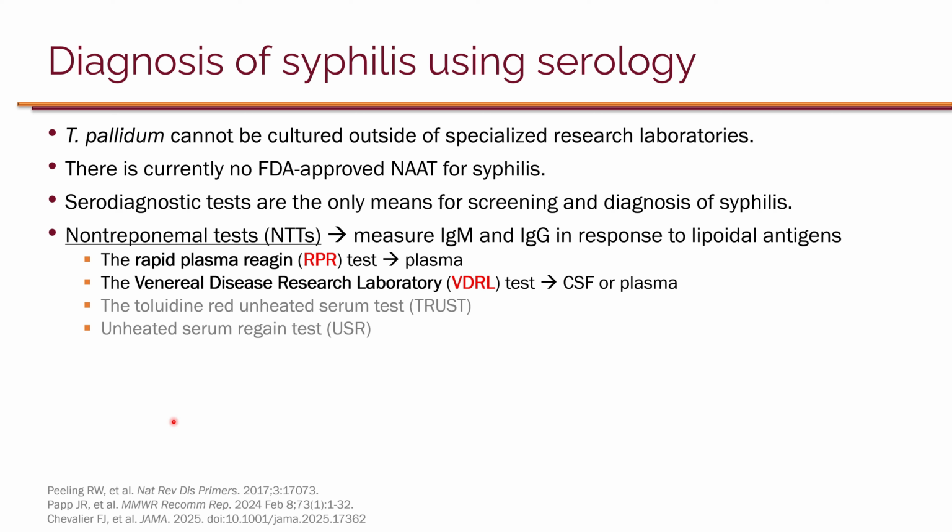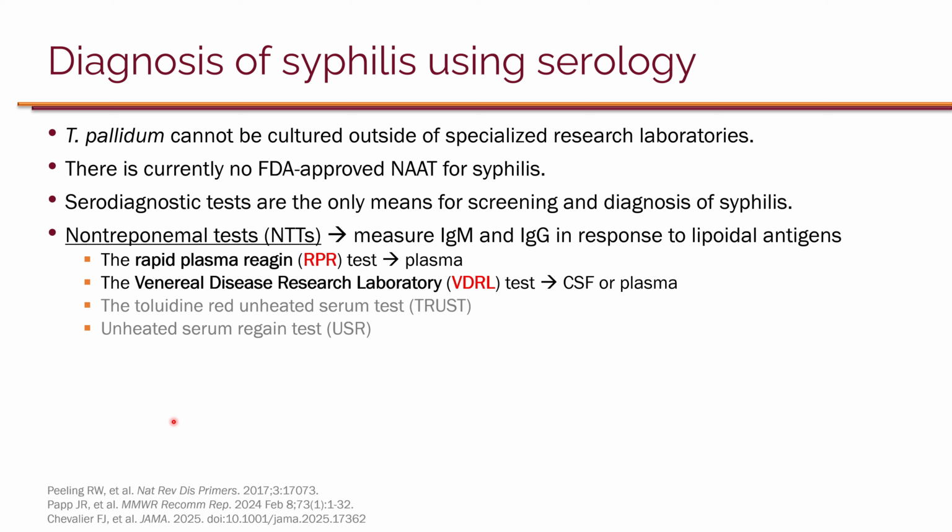Now, lipoidal antigens are present in both T. pallidum and host tissues and may be present in other inflammatory conditions, including systemic lupus erythematosus, and infections including HIV, Hep C, CMV, and parvovirus B19. NTTs are also quantitative, so not only do they test as reactive or non-reactive, but they can also give a quantitative measure of titers.